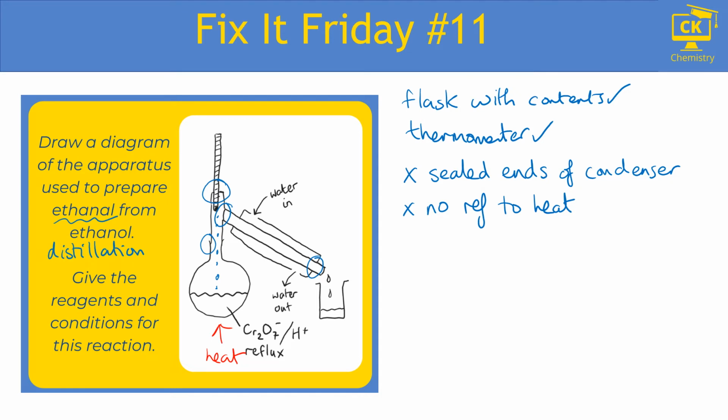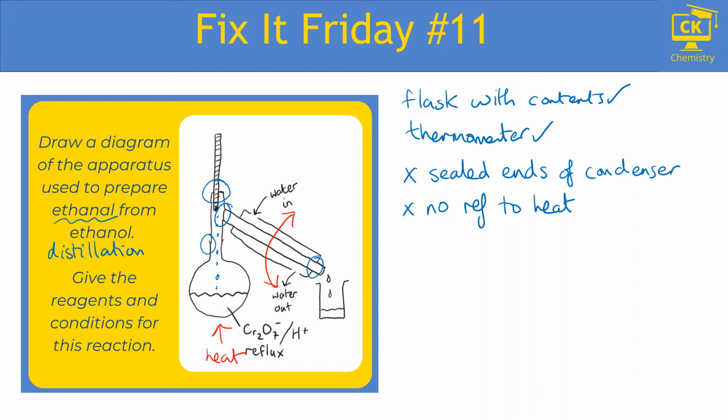Okay, now let's have a look at our condenser. Another common problem, so they realise that they have to label the water in and water out, but they are the wrong way round. So water goes in at the lowest point of the condenser. So in this case, that is the point on the right hand side.